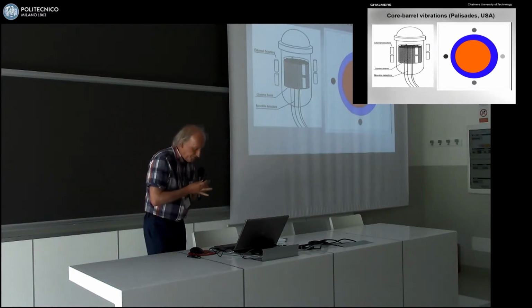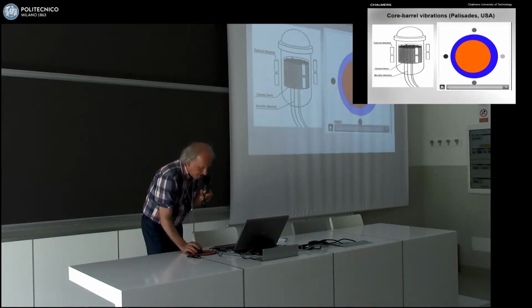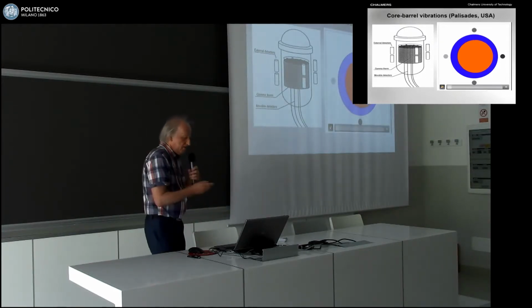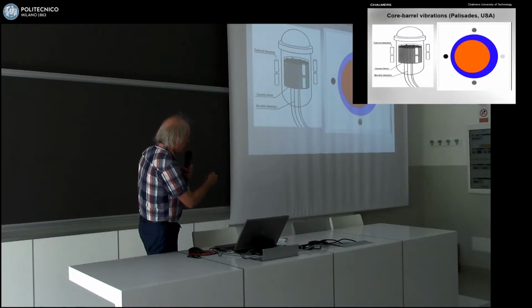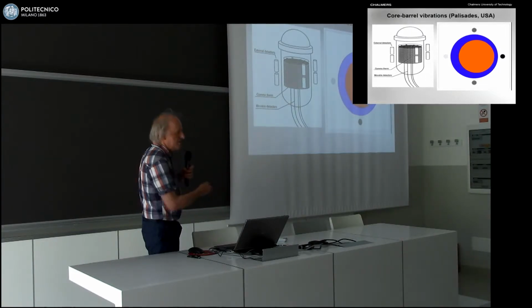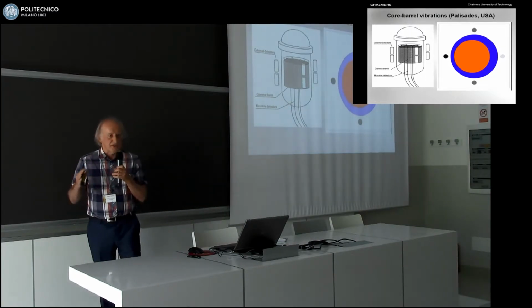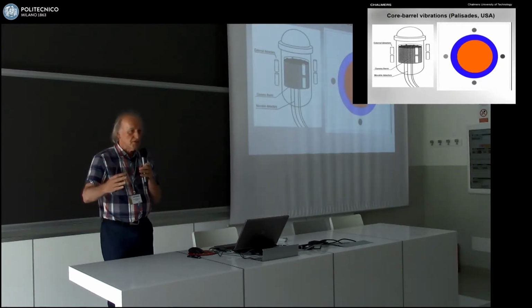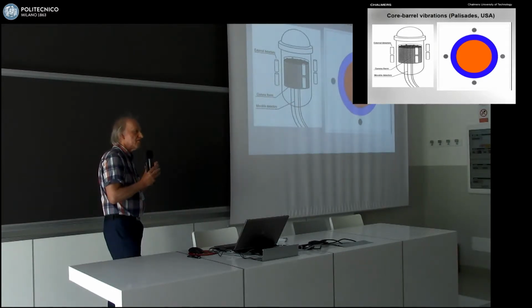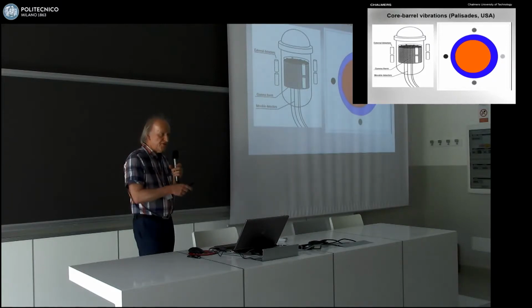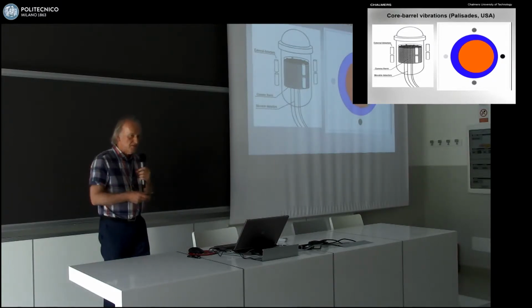In this simulation, if the core is vibrating, then one can see that it's easy to find out because the 2 detectors, at least at that frequency, will be out of phase because of the vibrations. There are other vibration modes, like the shell mode, where the phase relationships are different. So there is a way of finding out.